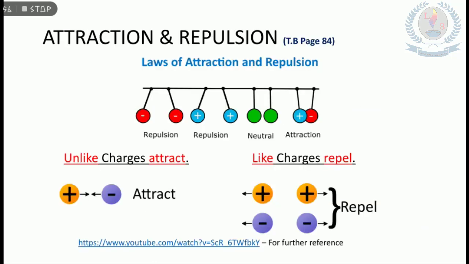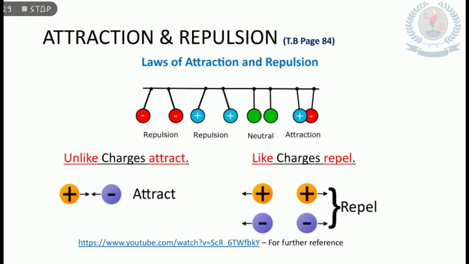Attraction and repulsion. First of all, we should clarify what are like charges and unlike charges. Simply remember, like charges refer to similar charges, whereas unlike charges refer to opposite charges. Accordingly, positive to positive and negative to negative are like charges, whereas positive to negative can be considered as unlike charges.